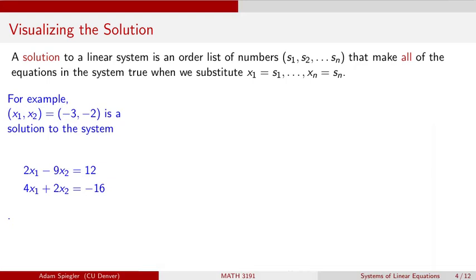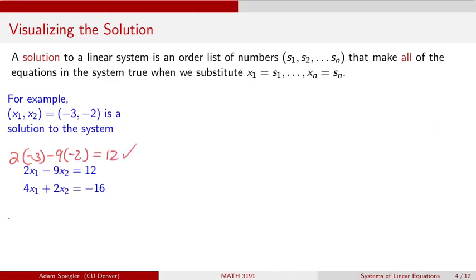For example, on the previous slide, we saw that (x1, x2) equals (minus 3, minus 2) was a solution to this system down below. It's always a good habit when you're at home and you've got time to make sure that these answers work. If I take 2 times minus 3 and subtract 9 times x2, which is minus 2, you want to make sure that you get 12.